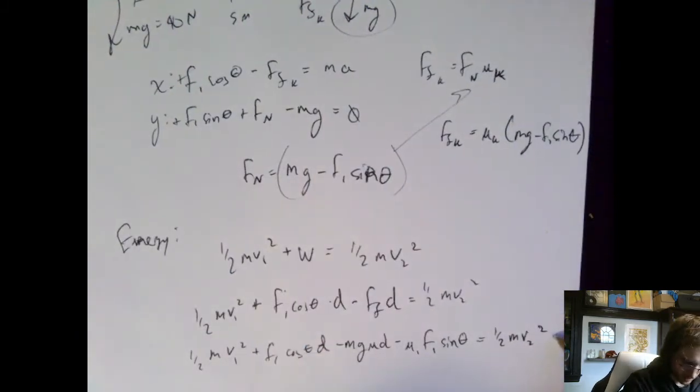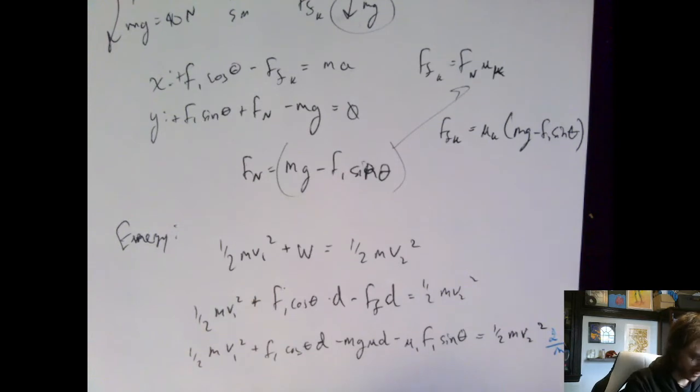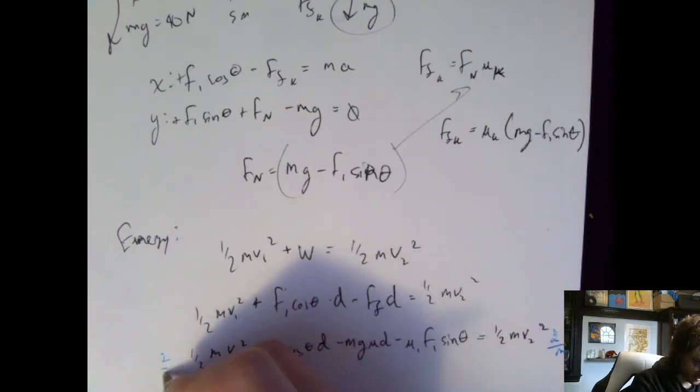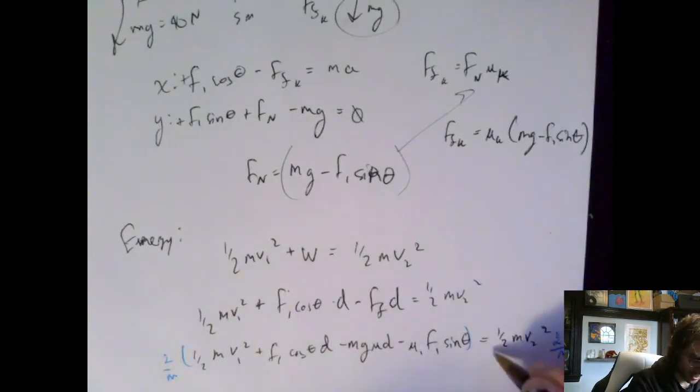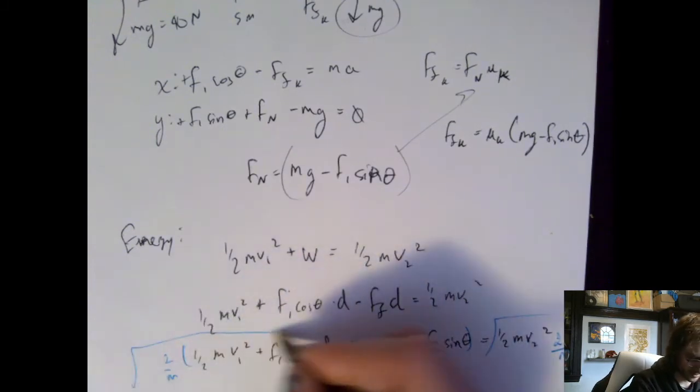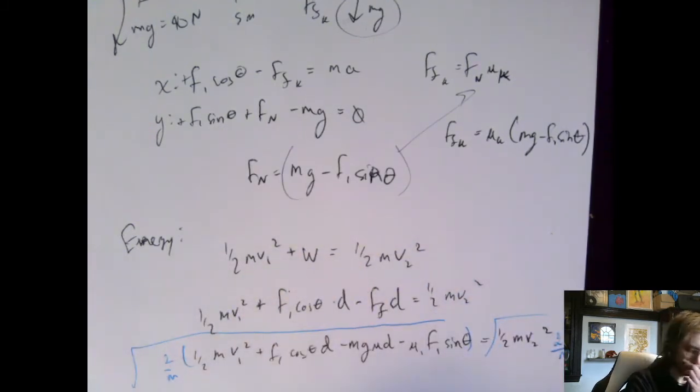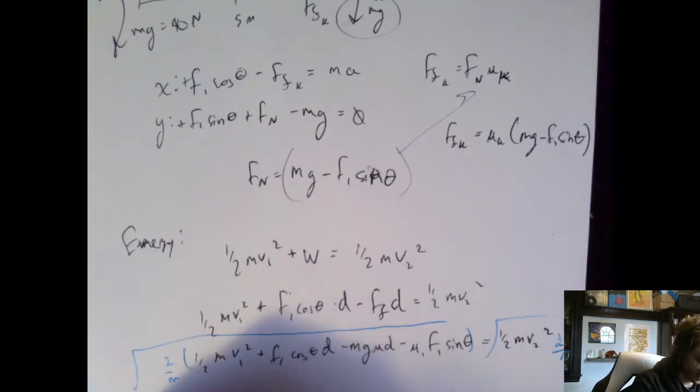A little bit of writing, but multiply each side by 2, divide each side by m, and square root, and we're done.